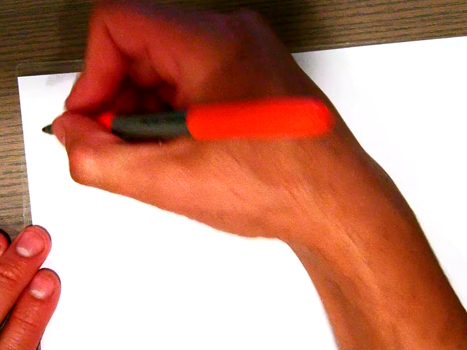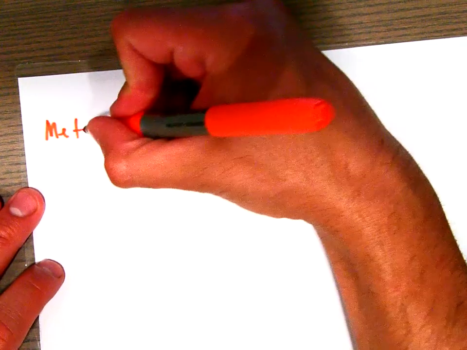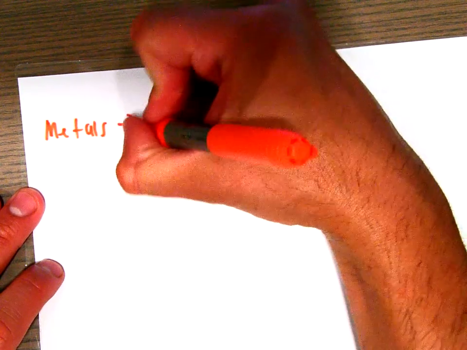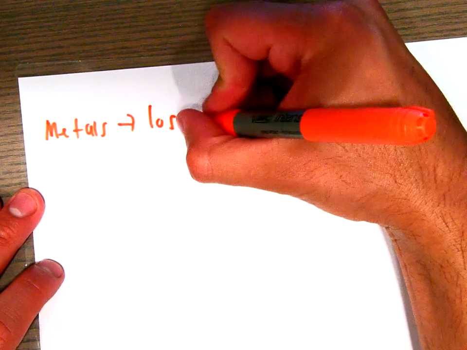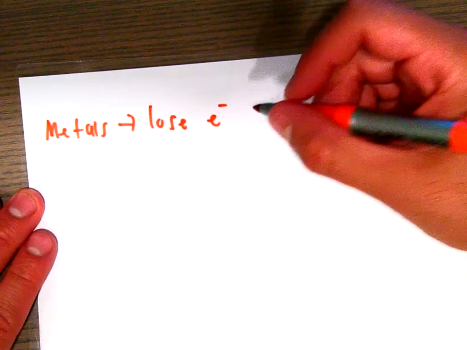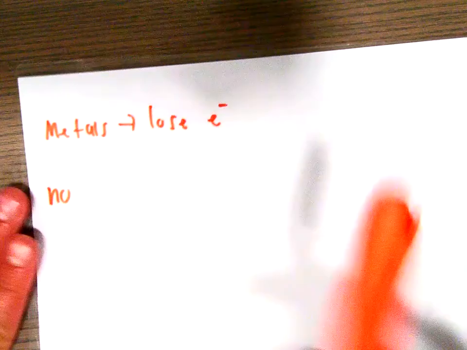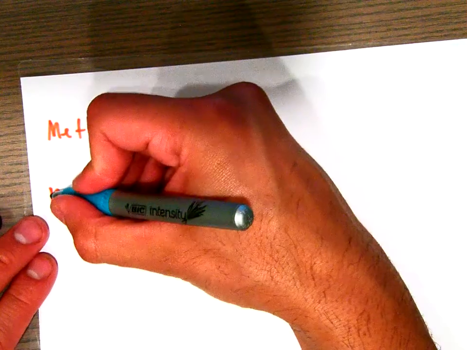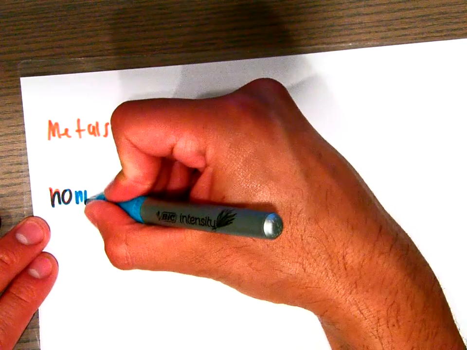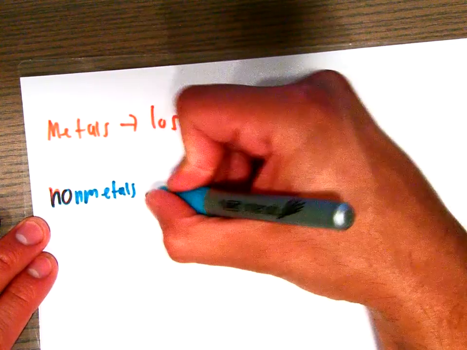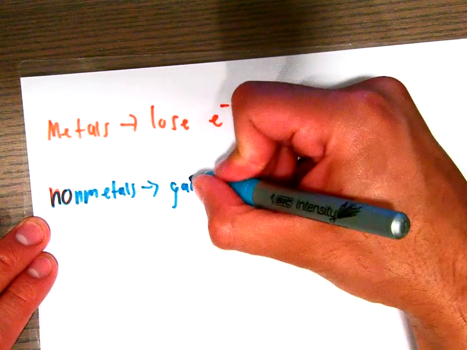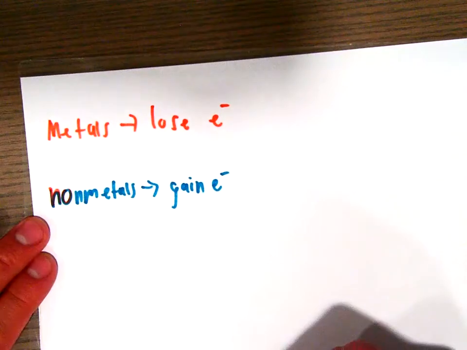So let's go ahead and get that down, so we understand the trend. So again, metals want to lose electrons, and non-metals want to gain electrons.